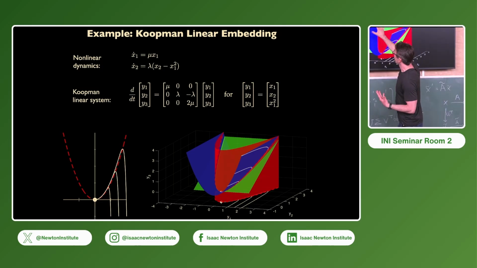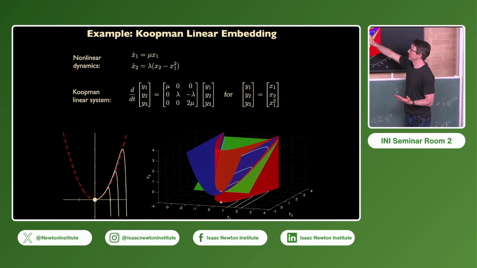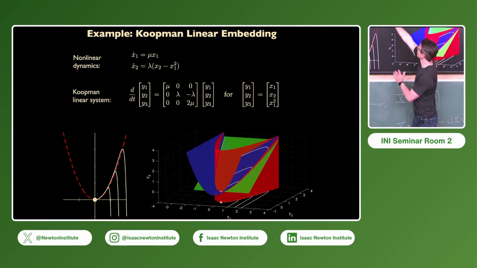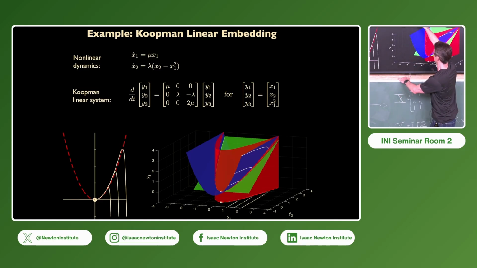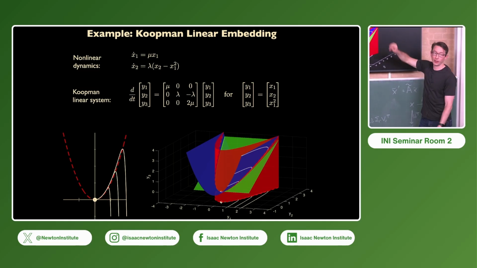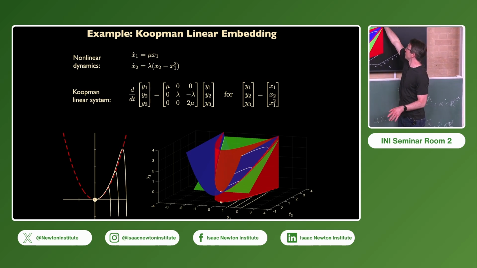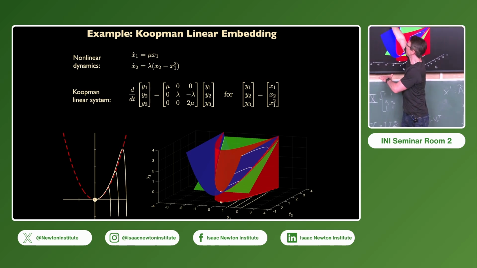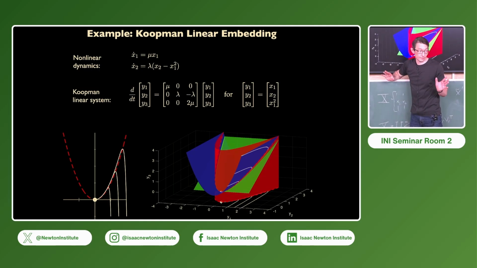And you can confirm for yourself, of course, y1 dot equals mu y1, and y2 dot equals x2 dot, so it's lambda x2 minus lambda x1 squared. That's what this says. And then we compute the derivative of our y3. Notice we need to introduce this y3 to make the second equation look linear.